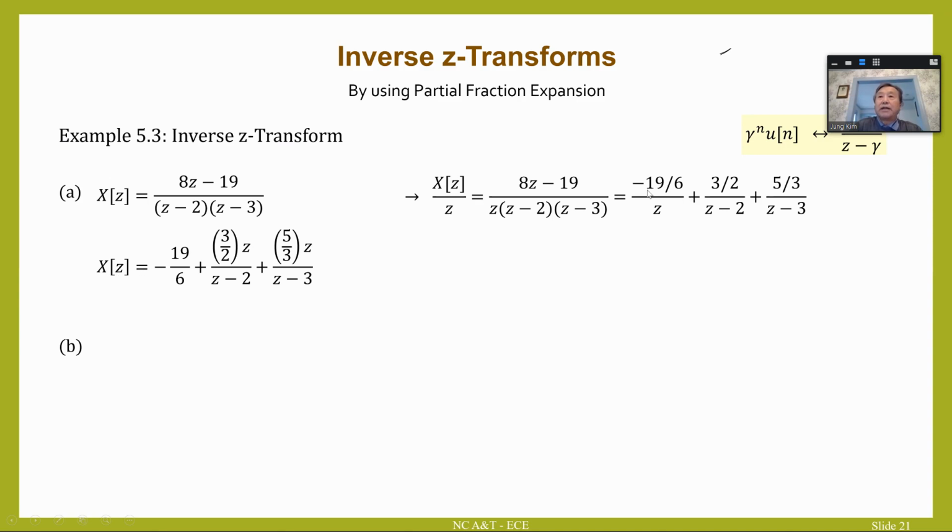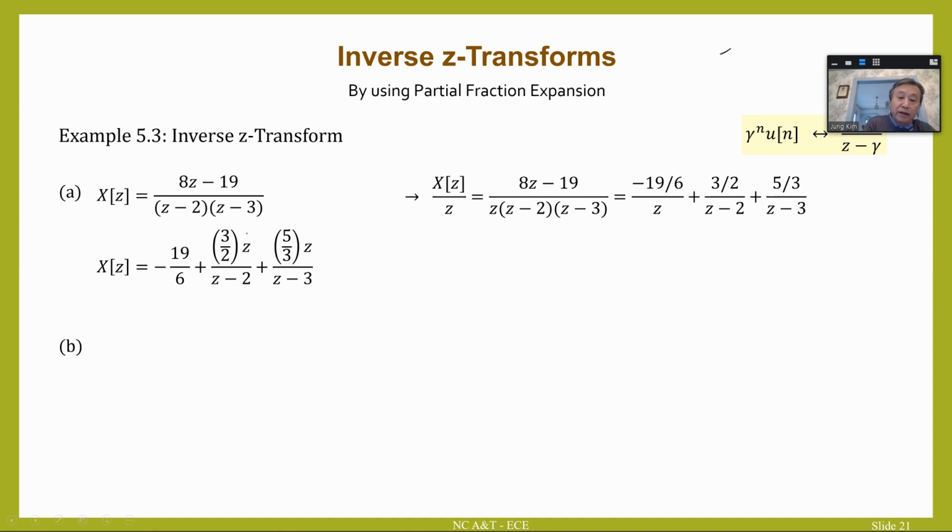So this is X of z: minus 19 over 6, plus 3 over z times z over z minus 2, and plus 5/3 times z over z minus 3. Now we can apply the formula z over z minus gamma.